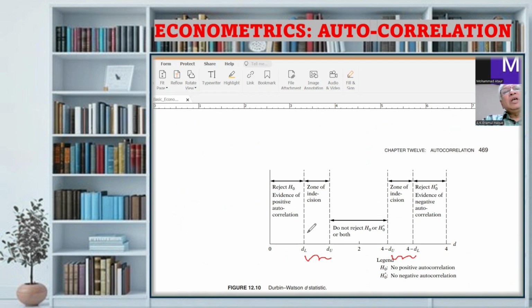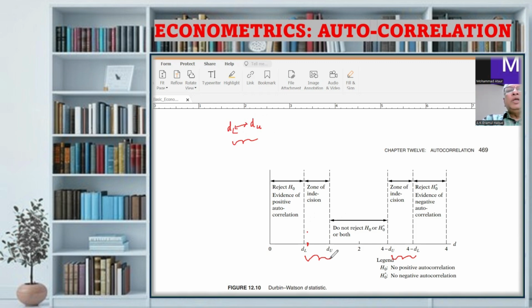He said, sometimes I can find a d value here. Sometimes it shows positive, sometimes it shows negative correlation. Sometimes no correlation, sometimes correlation. So he said, I have the dL and dU. So he created a range of values, and he said, within these values, I don't know whether it's a positive or negative autocorrelation.